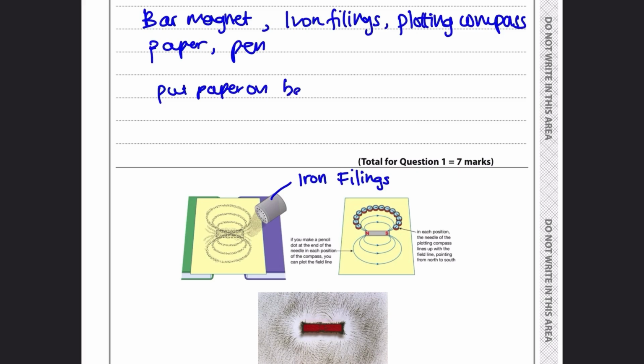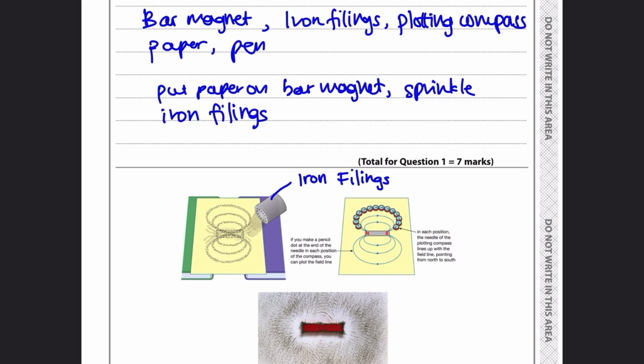Once you do that, you can start to describe the experiment, which is basically put paper on bar magnet, and then you're going to sprinkle the iron filings. Don't just write metal filings, because not all metals are magnetic, so it's got to be iron filings. Filings is one L, it's not fillings.